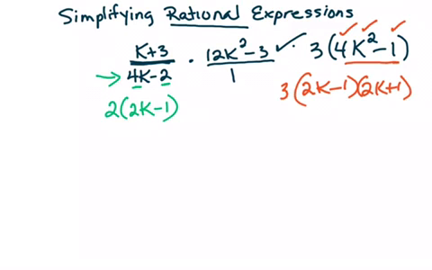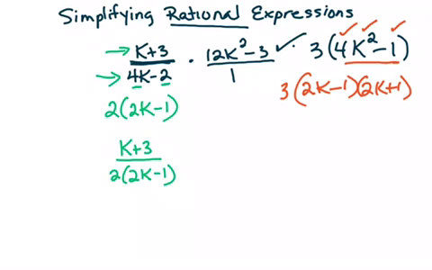All right, now I'm going to rewrite this so you can see what's going on. Okay, so I know that I've still got this k plus 3, so I'm going to go k plus 3 on the top, divided by 2 times 2k minus 1.